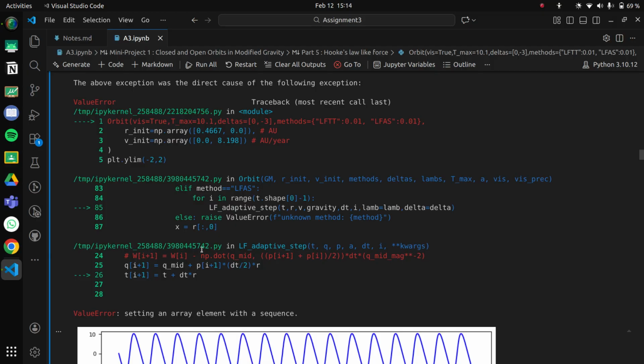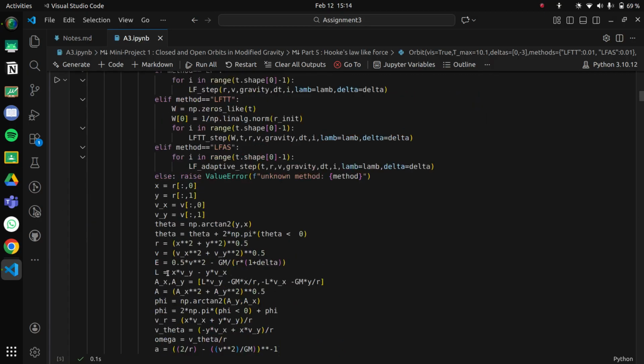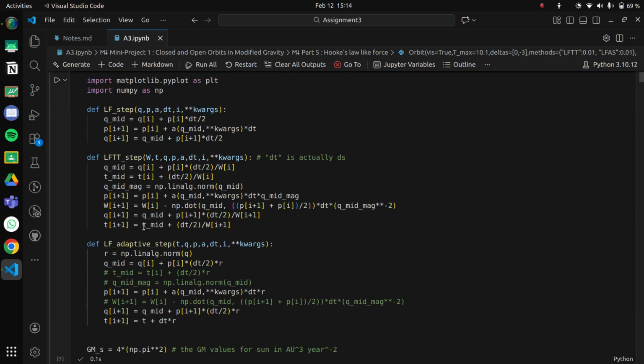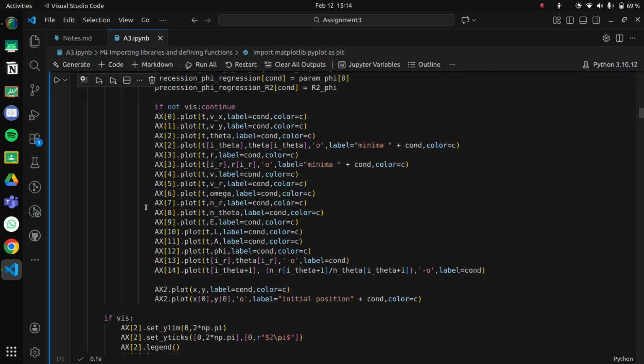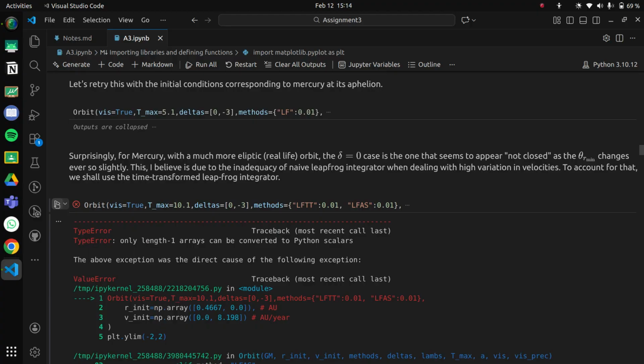What did? Oh! Why did I do t? It should just be ti. Am I stupid? Because okay, so tmid was a scalar value, but then this should be ti. Right. How many mistakes can I make today? Okay, run it again.